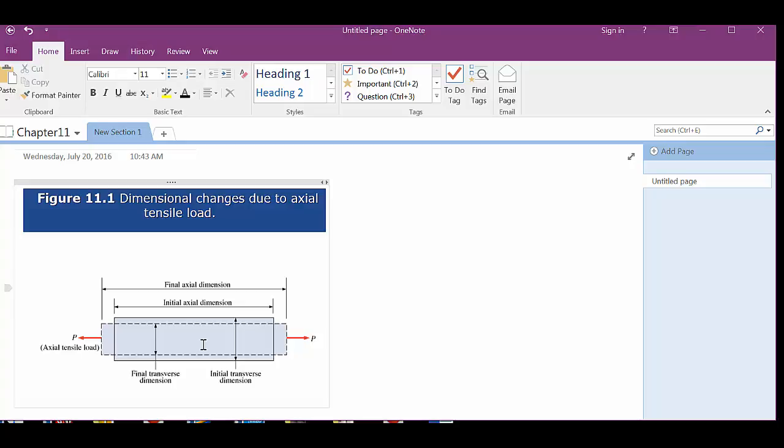Okay. Let's see, what else on that? Now they do have a problem there, and note that Poisson's ratio is signified by that mu. So let's see if I can find my cursor now. Oh, I can't find it because I don't have it turned on. Does make a difference.